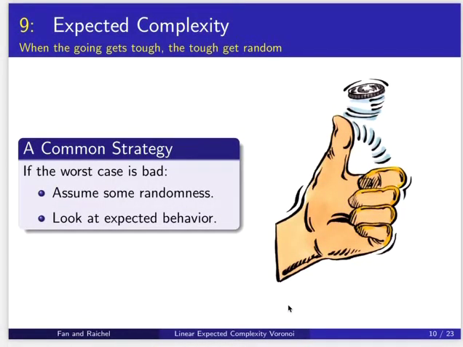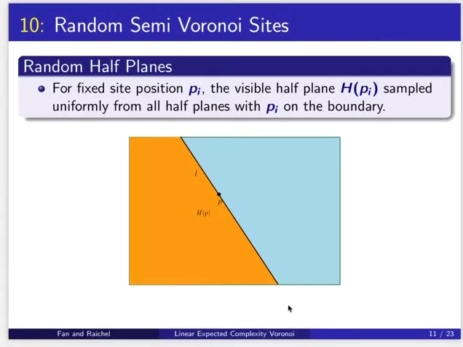So if the worst case is bad, a common strategy is to assume some randomness, then look at the expected behavior. We consider random semi Voronoi sets. For a fixed set position Pi, the visible half plane HPi is sampled uniformly from all the half planes with bounding line passing through Pi. Look at the figure.